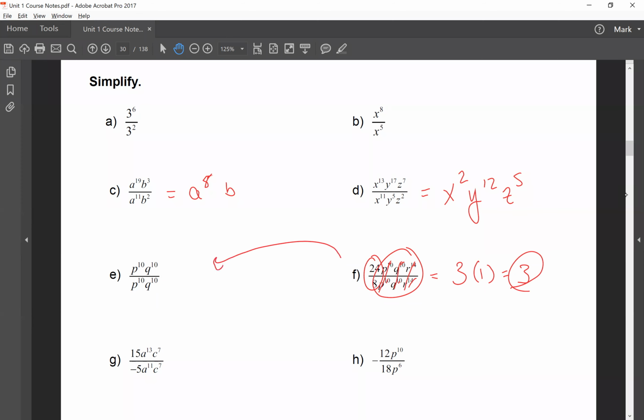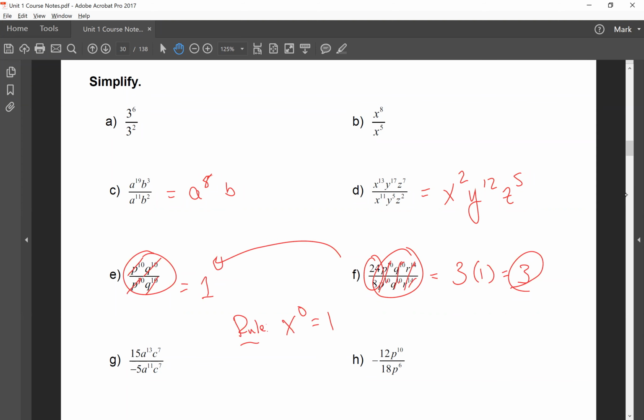And this is actually what's happening with E. I had a couple students say that it was 0. But what happens is when these guys cancel, you're just left with 1. There's a rule in exponents, which I'll talk about a little later, but any number to the power of 0 is 1.